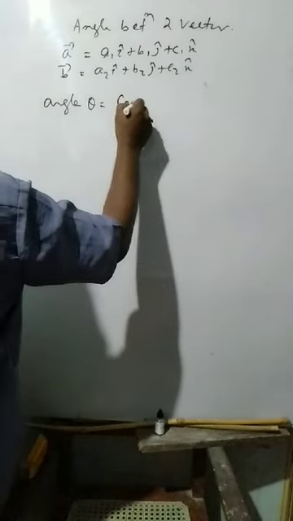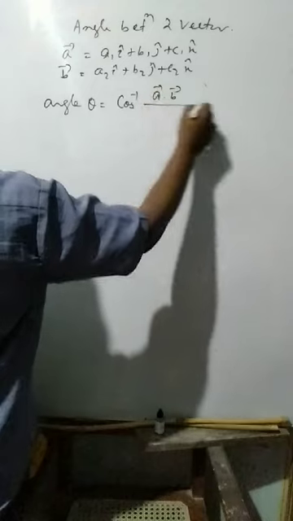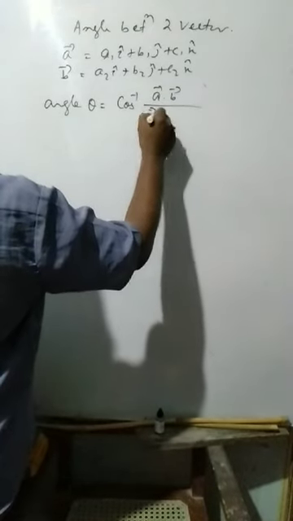So there are two vectors given. In this case, the angle theta equals cos inverse of A dot B by A magnitude into B magnitude.